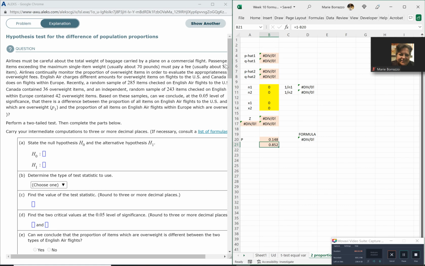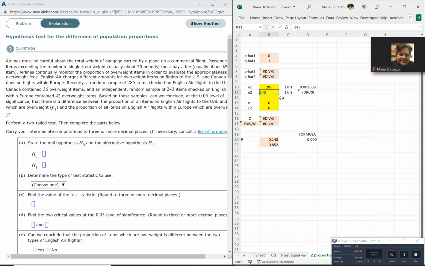So for example, if I read this question, they're talking about 2 flights and they're looking at 2 random samples. So if I look at N1, X1, and I look at N2, X2, I get my proportions, or my p-hat. So my N1 looks like it's 285. And in this example, my N2 is 243.